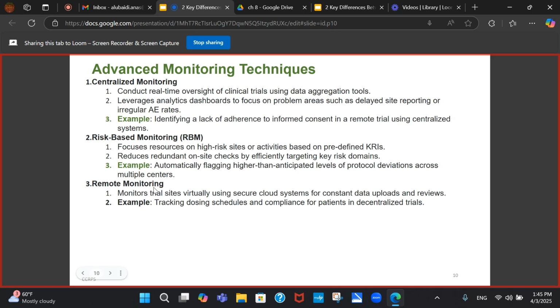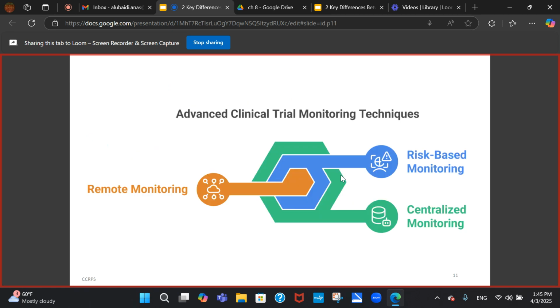An example for it, tracking dosing schedules and compliance for patients in decentralized trials. And here is a nice diagram to simplify the three components in the techniques of advanced clinical trial monitoring. We have the centralized monitoring, we have the risk-based monitoring, and remote monitoring as well.